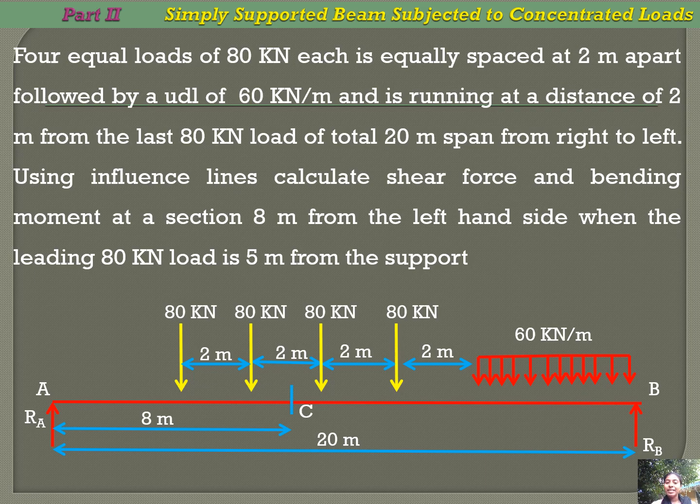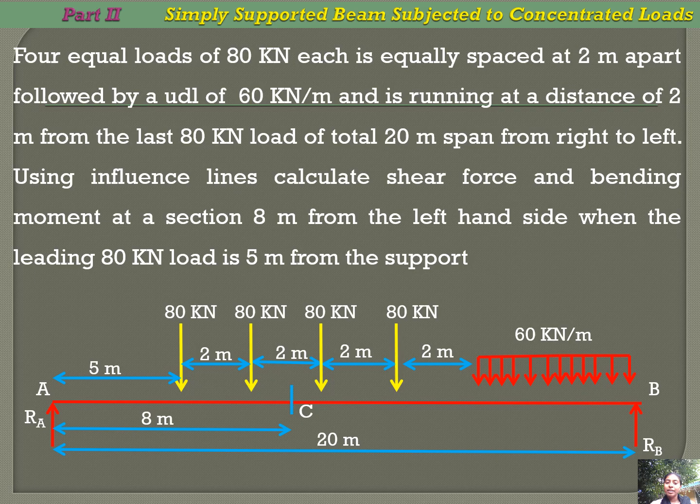Now, the section is taken at a distance of 8 meter, and one more condition is given: the leading 80 kN load is 5 meter from the support. Now we can determine the length of the last UDL, the uniformly distributed load.